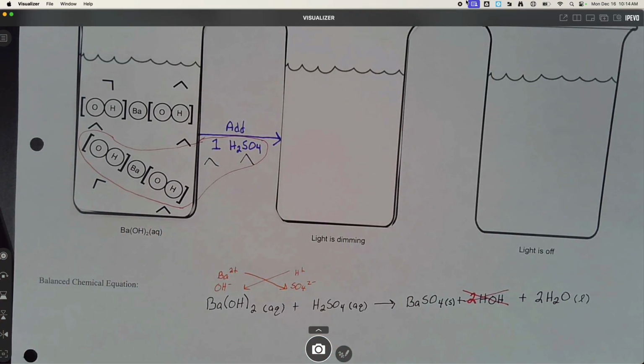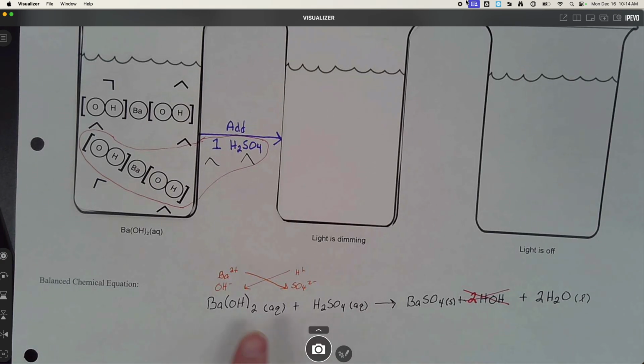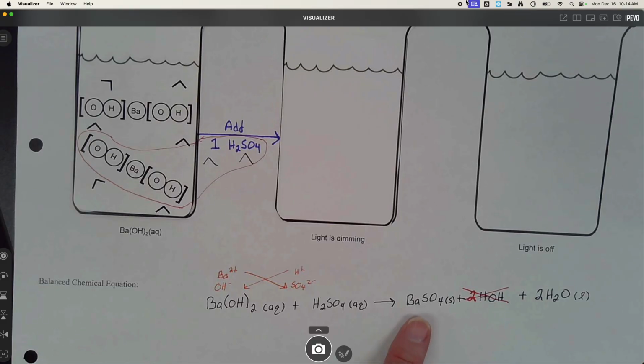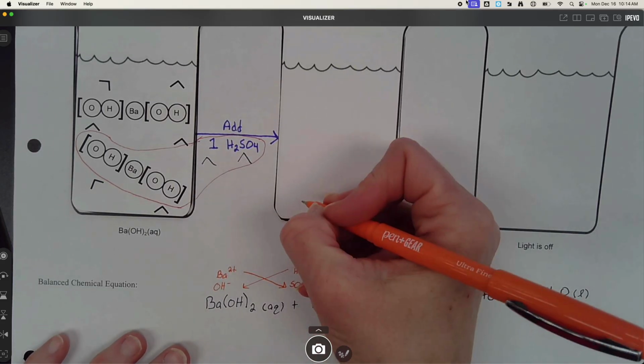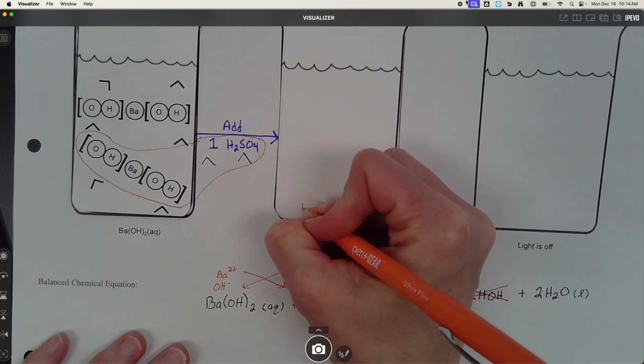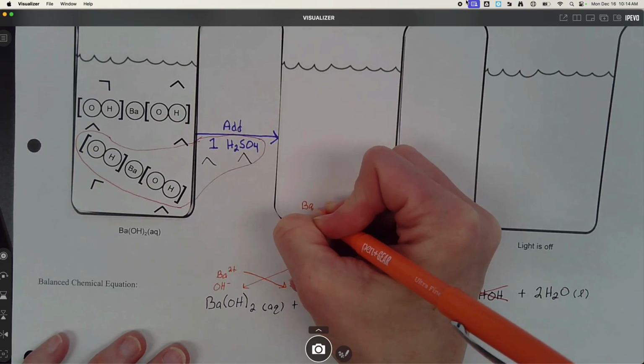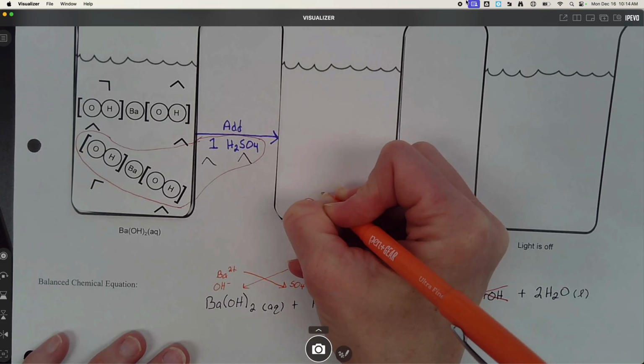So there's one batch of the chemical reaction. According to my equation, this makes a barium sulfate, which is going to be in the solid state, and 2 H2Os. And as I look in my beaker up here, I can see that the white powdery stuff is starting to settle down to the bottom. So I'm going to draw my barium sulfate down on the bottom. So here's a barium sulfate.